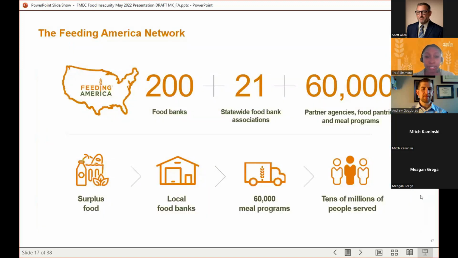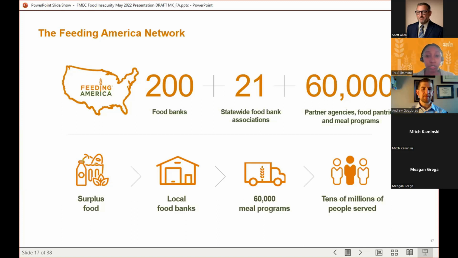Feeding America operates through a community and network of food banks. We partner with about 200 food banks in the contiguous US, as well as Alaska, Hawaii, and Puerto Rico, state associations as well that are on a local level within each state to collaborate with their state food banks.